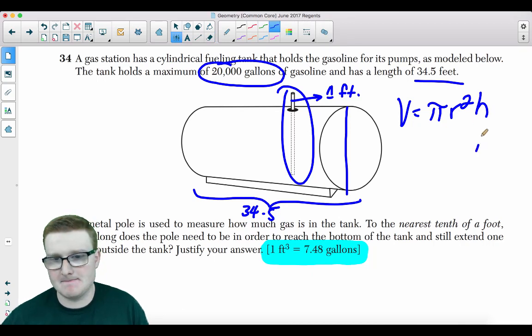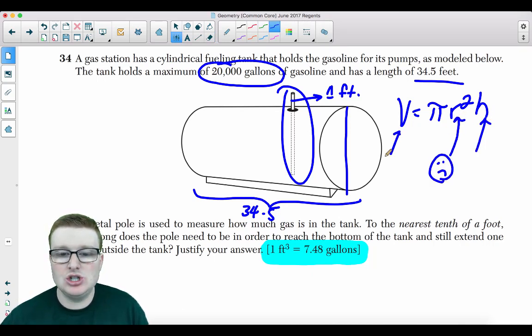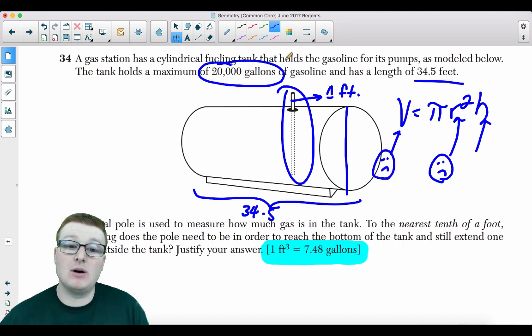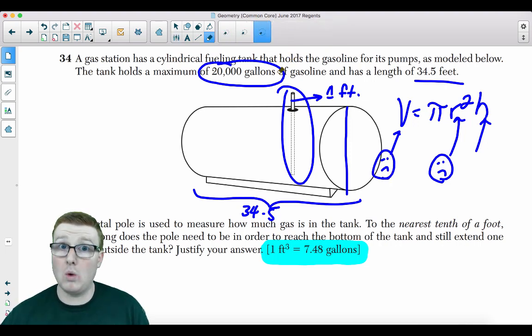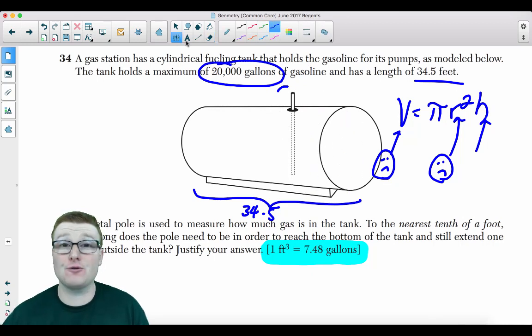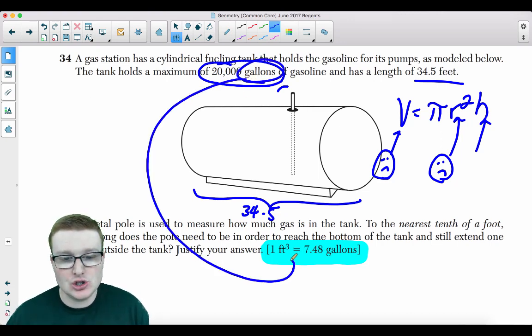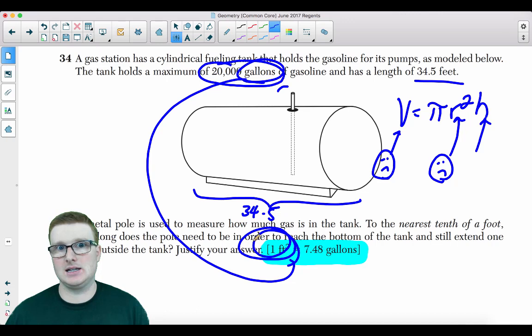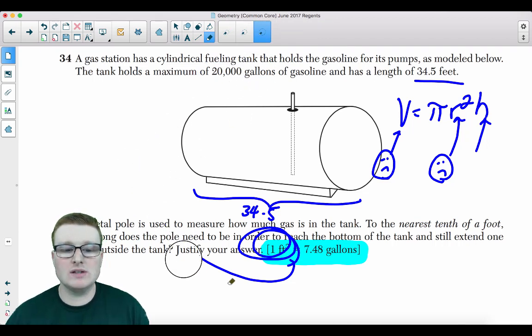We have the height, we don't have the radius, and we don't have the volume. But we can get the volume. Why? Because they tell us how many gallons are in this thing. It's 20,000 gallons. So what we need to do is convert gallons to cubic feet, okay? Because you can't just plug in 20,000 as your volume. That makes absolutely no sense because you're working with different units.